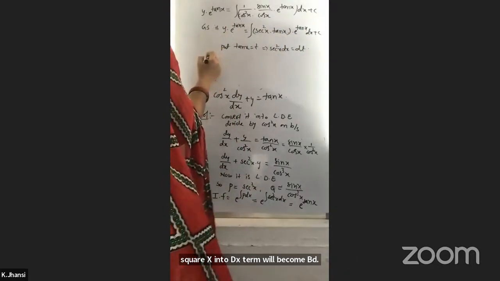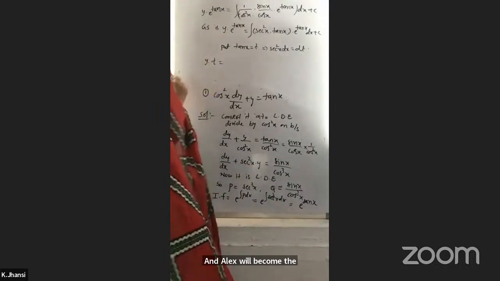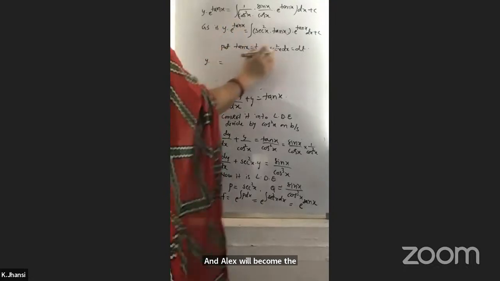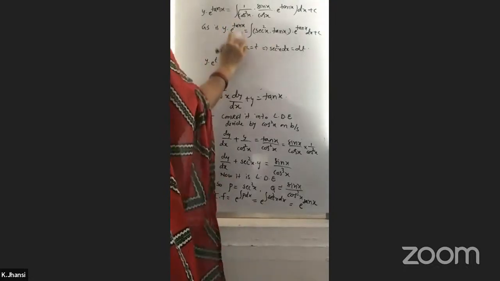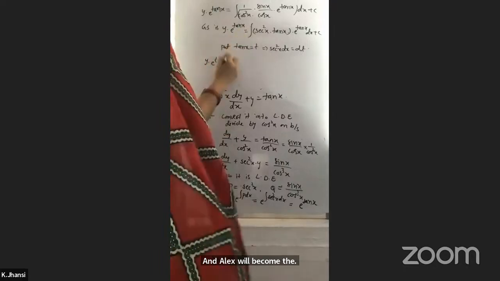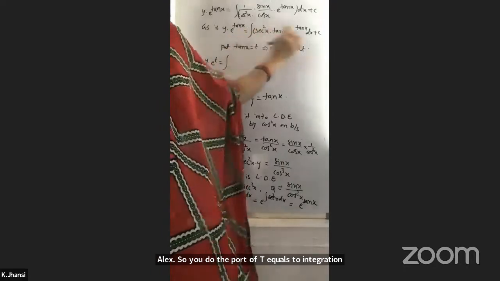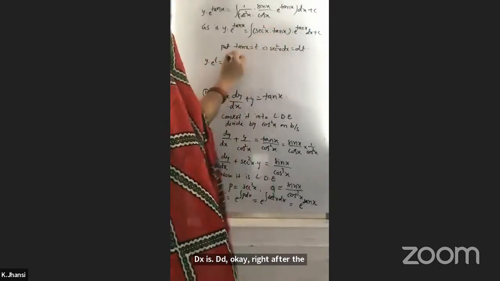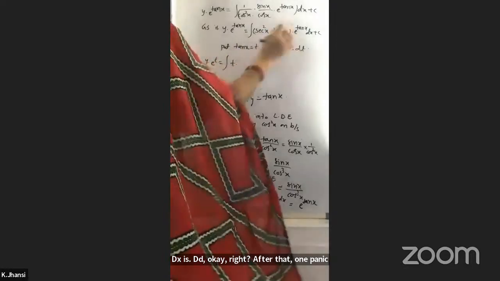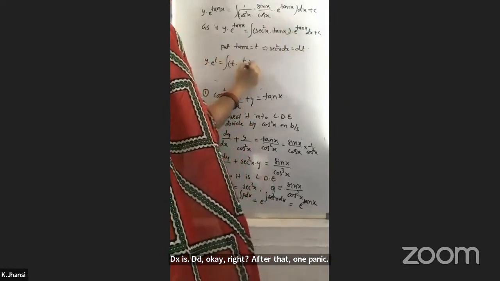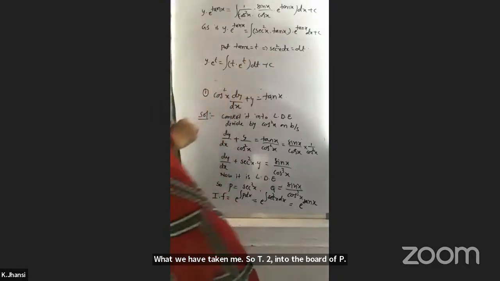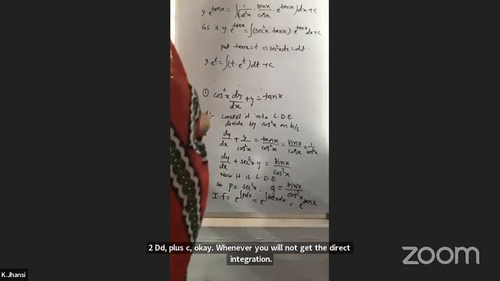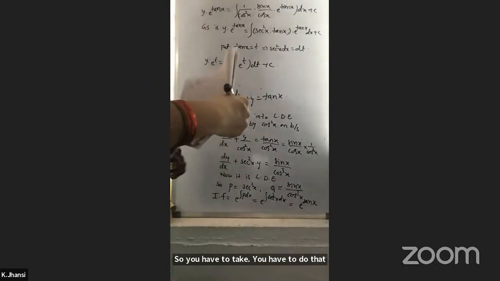When you substitute here, it is y into e to the power of tan x equals integration of t into e to the power of t into dt plus c. Whenever you do not get the direct integration, you have to do the integration with the help of the substitution method.